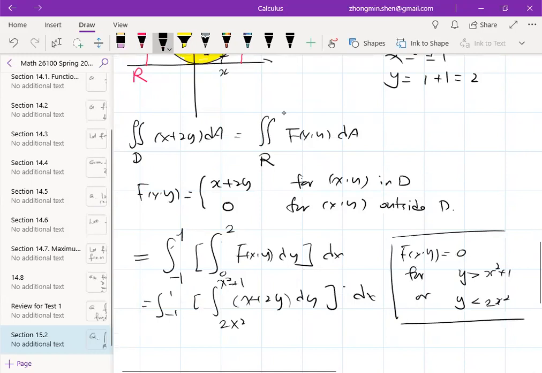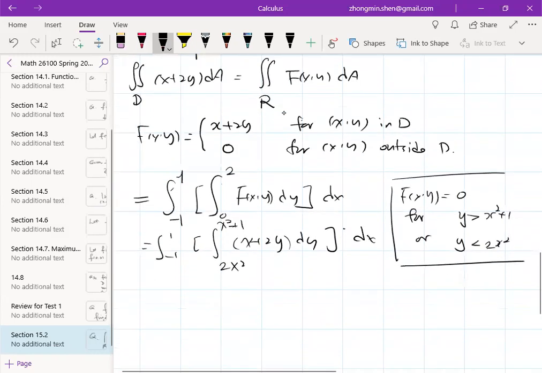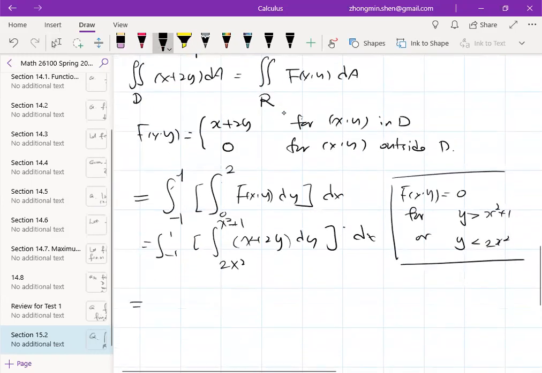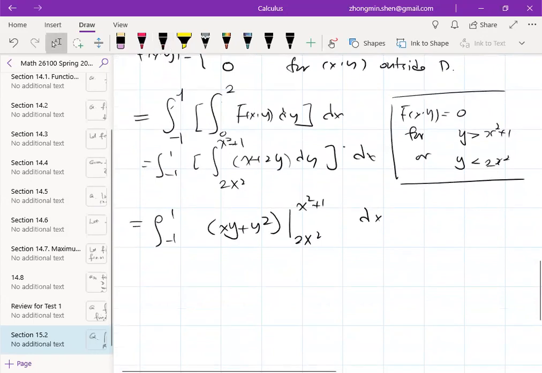Here, x is fixed, for every fixed x. So then you try to evaluate this. This is the integral with respect to y. So the antiderivative for fixed x will be x times y and y squared. All right.